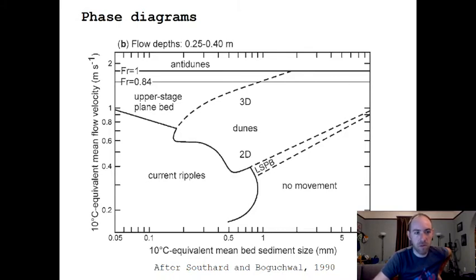You can see the Froude numbers here are listed, right? And so if you were to go out into the field, you might be able to say, oh, I see a dune deposited here. And actually it's a two-dimensional dune, which is to say one that doesn't have much variation in the cross-stream dimension, right? And you might say, okay, well, that's going to fall somewhere in this phase space.